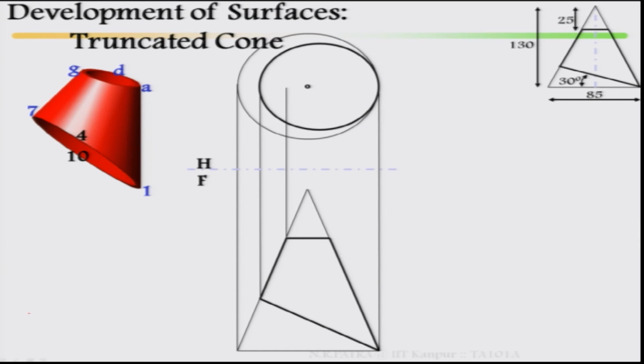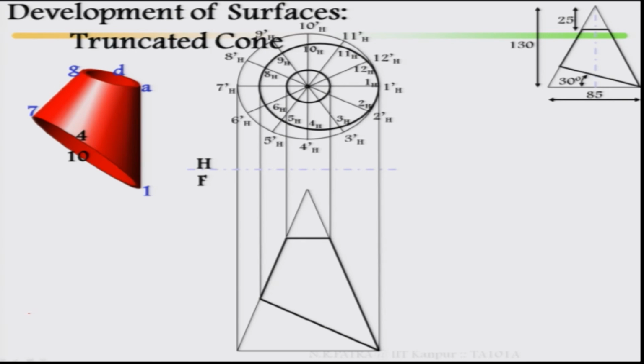Then make it into 12 equal parts. The number of parts should be equal on both the inner and outer faces. You can name them 1, 2, 3, 4, 5, 6, 11, 12, then 1 prime, 2 prime, up to 12 prime.